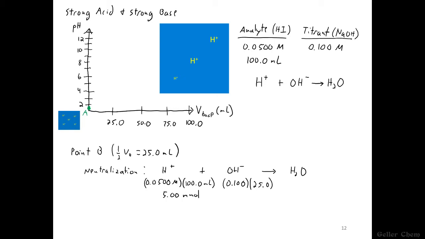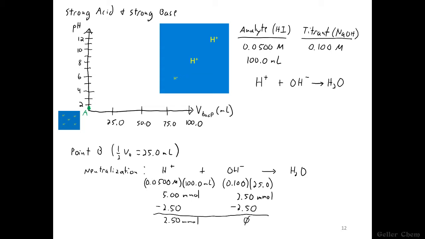Multiply those two together, and we get 2.50. I'll write the unit this time to stress we are in millimoles. And then because the two react to completion, we know that one of them will run out, and that would be the hydroxide, since we have less of it, 2.50. And then over here, minus 2.50. We end with 2.50 millimoles of our H+ still left, and the hydroxide is gone.